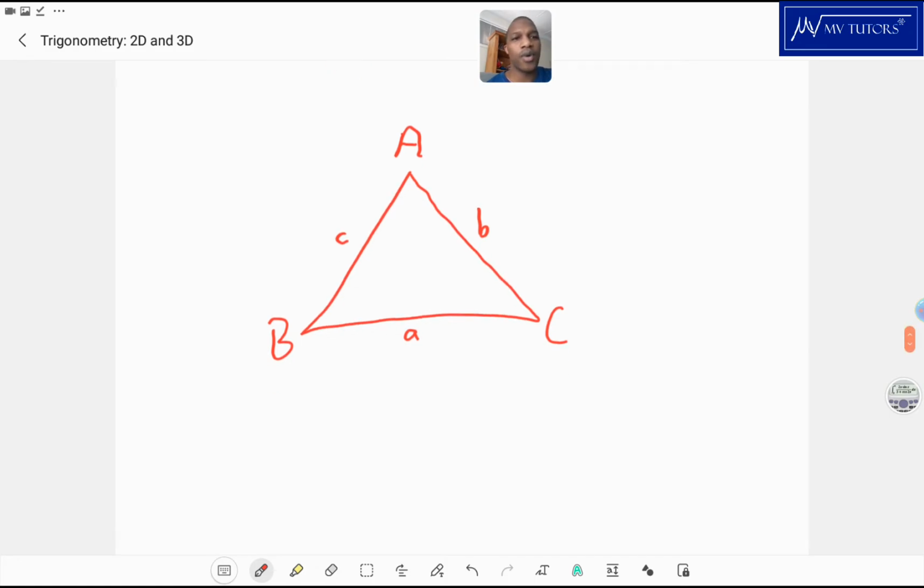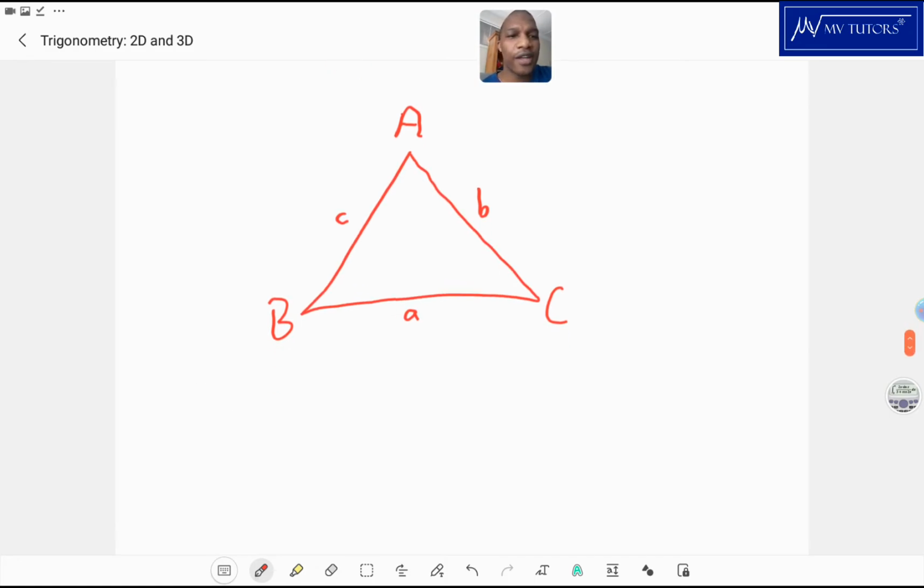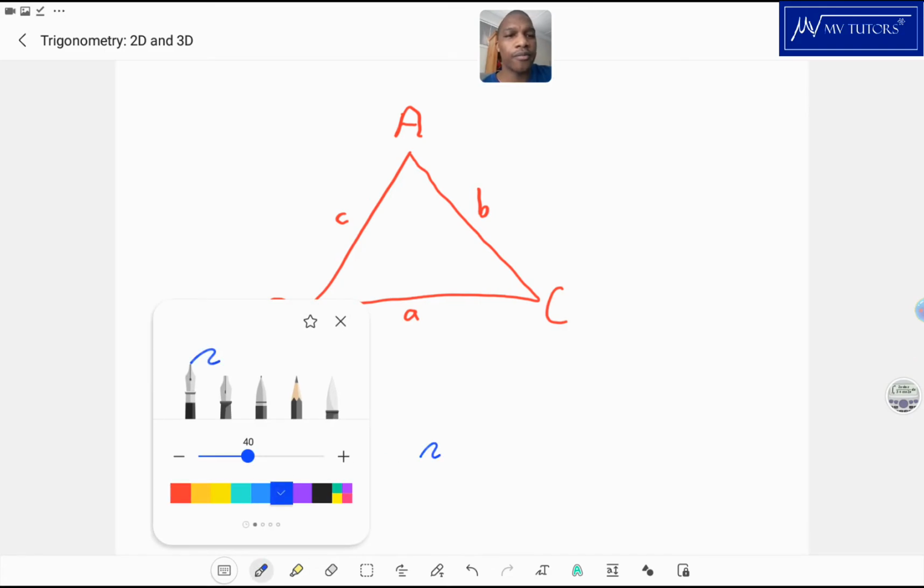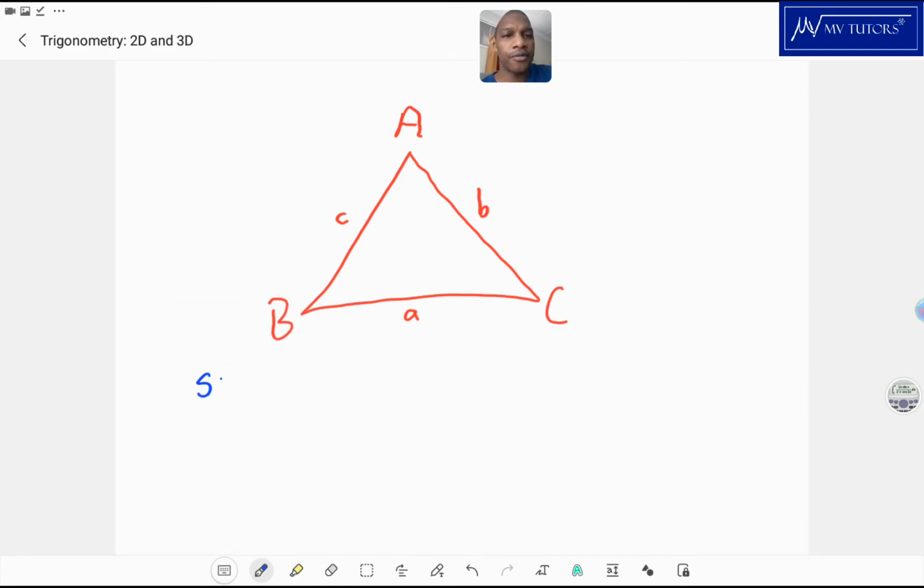So we use what we call the sine rule. Okay, just like this, sine rule.